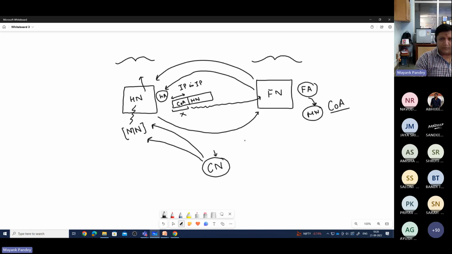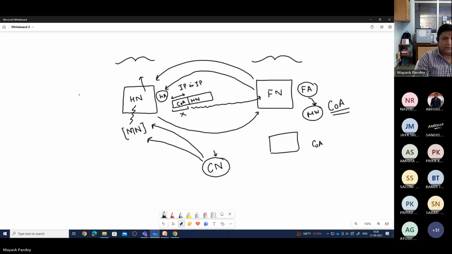So this was the whole process of mobile IP in summary. If the mobile node moves to another network, the whole process begins again with another care of address, and data transfer can happen without changing the IP address of the mobile node.